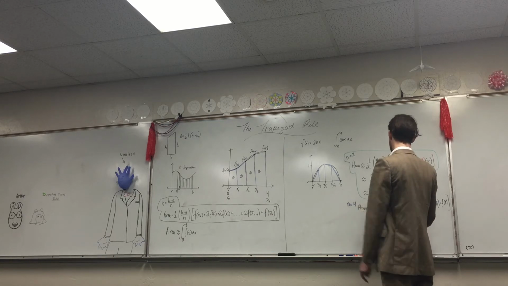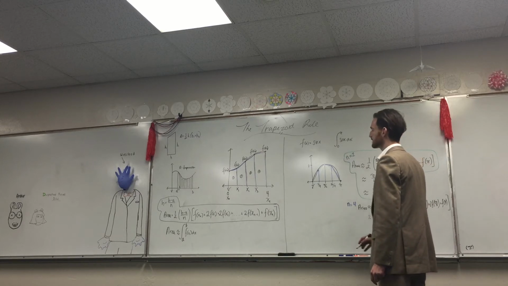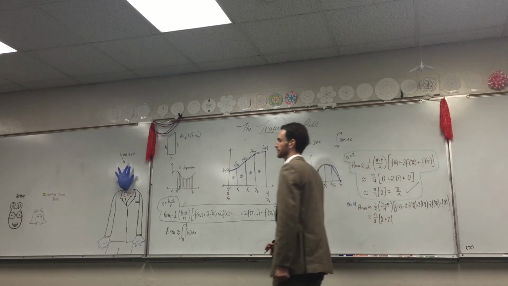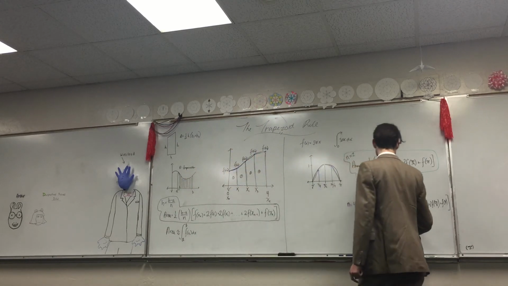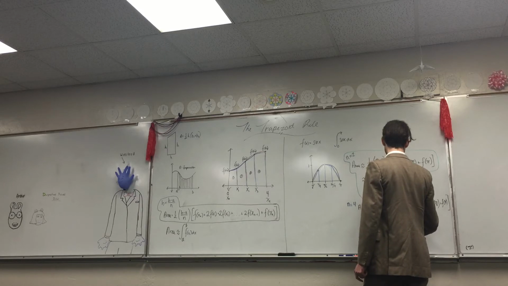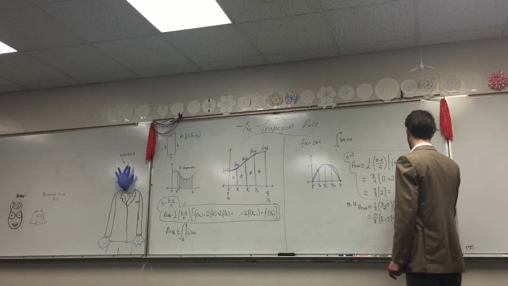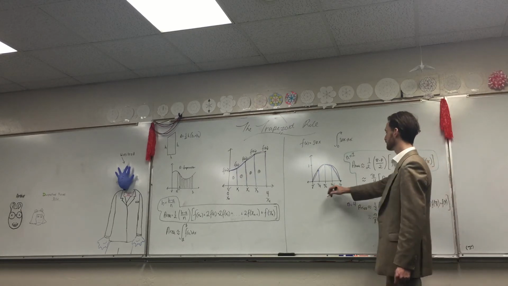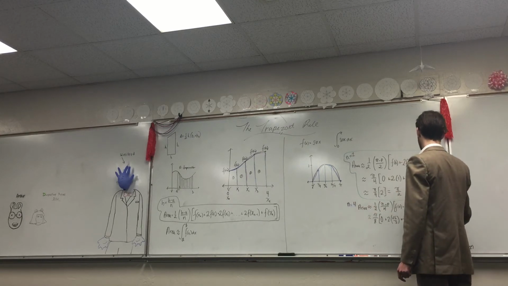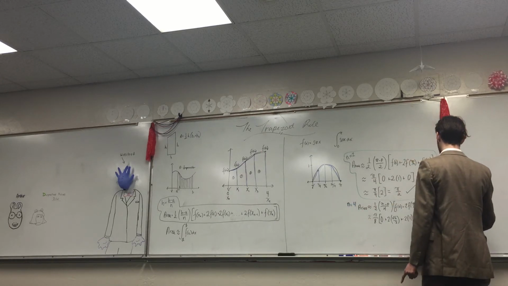Multiplied by f of 0 is 0 plus 2 times, what's the sine of pi over 4? Radical 2 over 2, so very good. Plus 2 times the sine of pi over 2, which is 1, plus 2 times the sine of 3 pi over 4, which is radical 2 over 2, plus f of pi, which is 0.